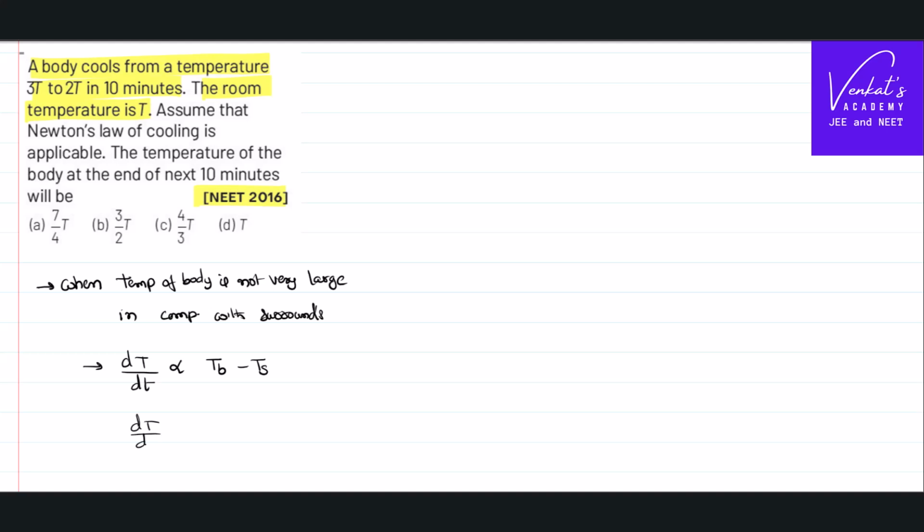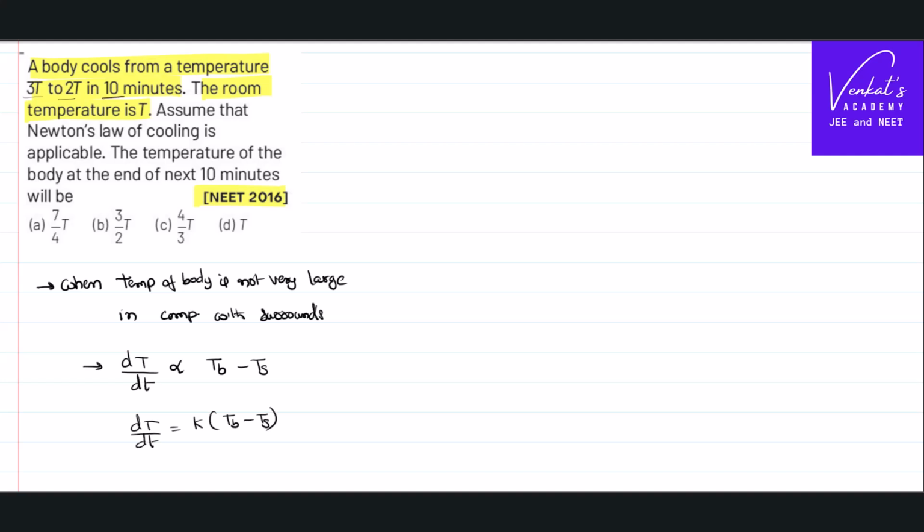So the rate of loss can be equated with a proportionality constant times the temperature of the body minus the temperature of the surroundings. Now it is given that it cooled from 3T to 2T in 10 minutes.